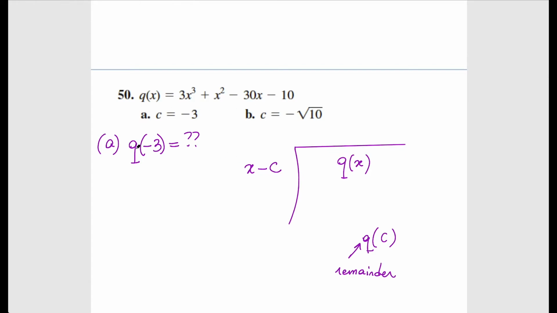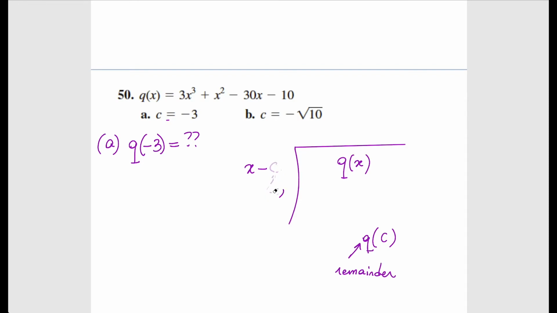And in the first case, c is -3, so you're dividing by x minus the c, which is -3, right? Okay, so I know at the end I'm going to get q of -3, the desired thing, but they don't want us to evaluate q at -3. They want us actually to do it the long way. Okay, and that's the question. So let's do that.